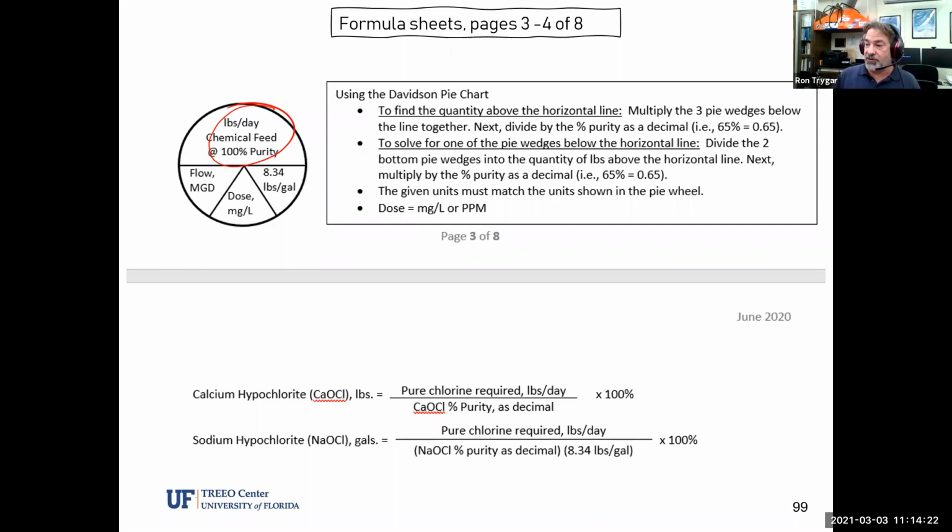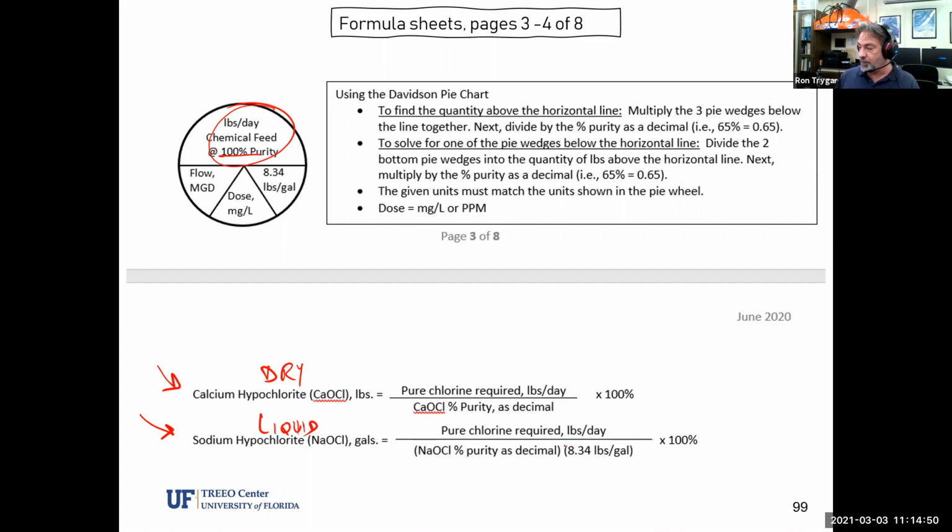So first things first is to figure out the 100% chemical, how many pounds, and then go from there if it's calcium hypochlorite or HTH, or if it's actually going to be bleach, the liquid. So that's where these two formulas come into play. If it's pounds or a dry chemical, then you're using this one. If you're using a liquid, you have an extra step to do.